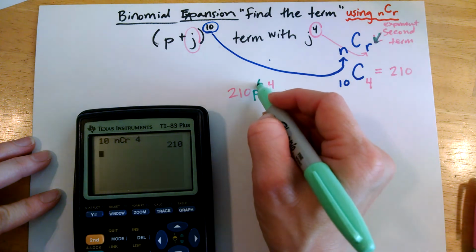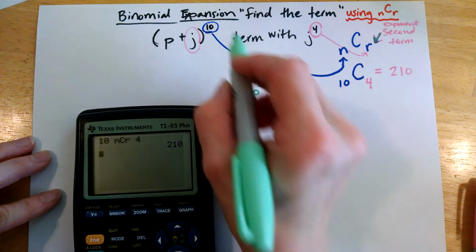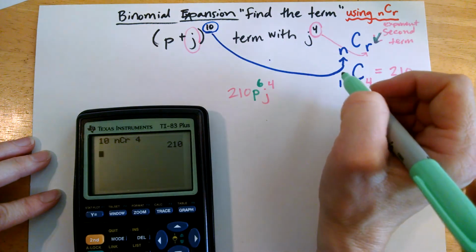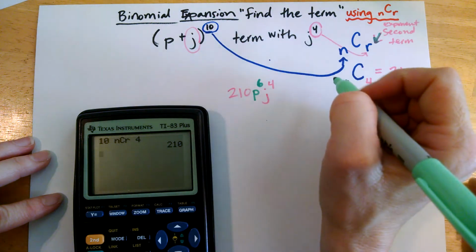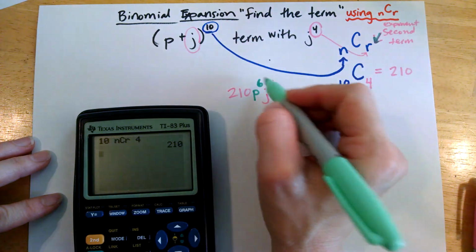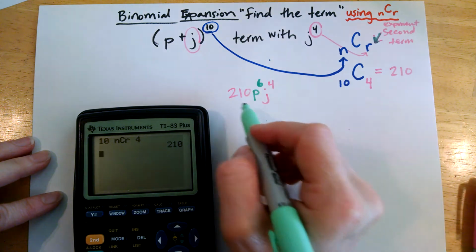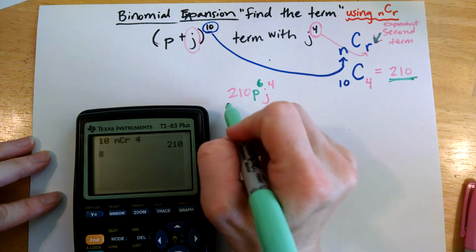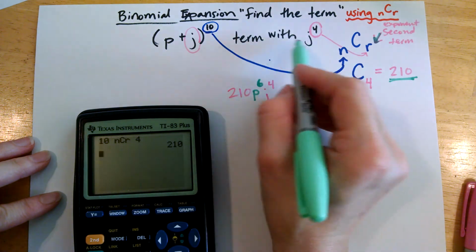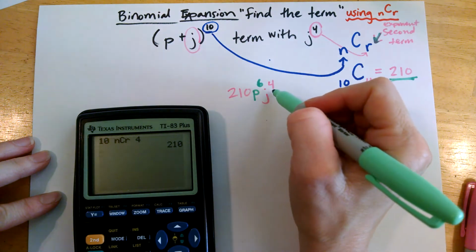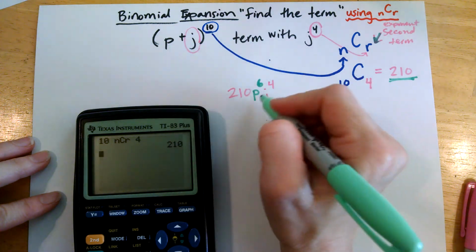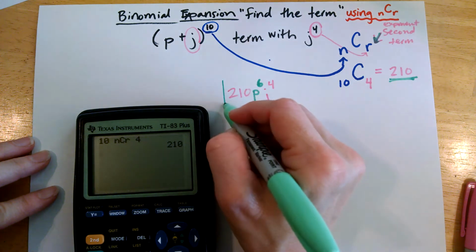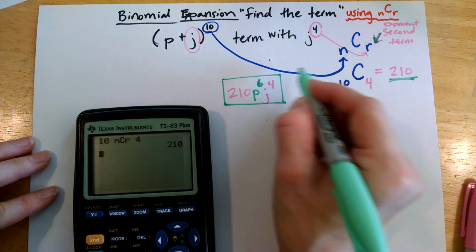This is always going to be the sum of that. So 6 plus 4 is 10. If this was a 3, it would be 3 plus 7 is 10. So again, the NCR will give us the coefficient, 210, and the p is the leftover we would have to add to get to that overall degree of the original binomial. And that's it.